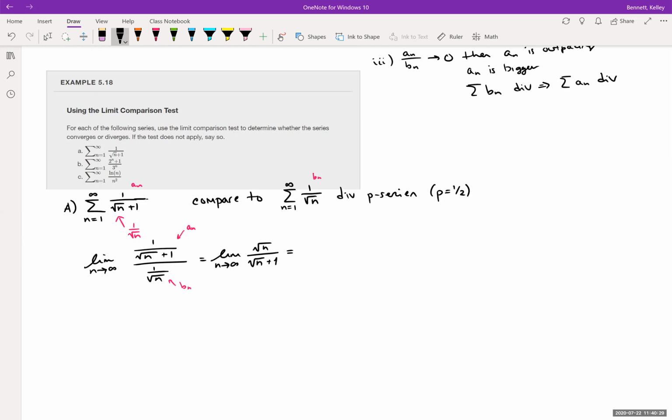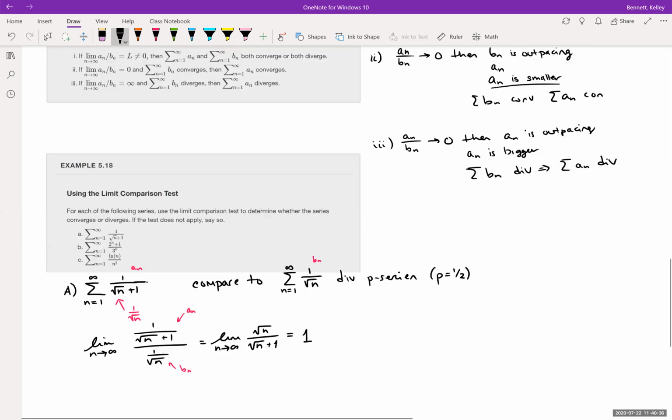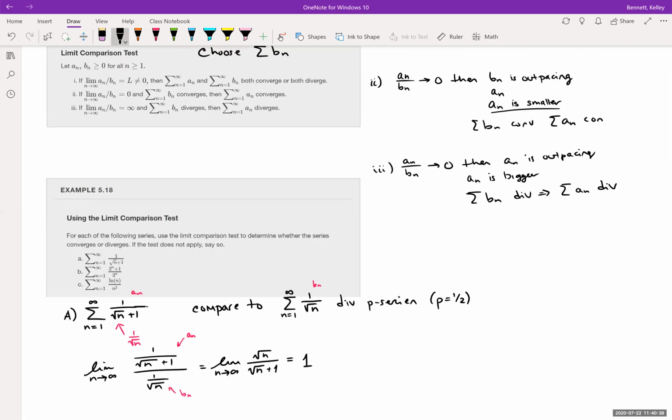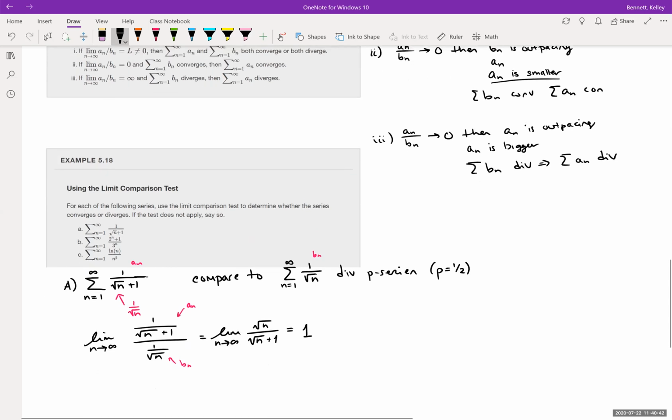You can apply L'Hopital's rule here, but we all know that the limit is 1. So when the limit is a finite number not equal to 0, then both series converge or both series diverge. Since we know that 1 over root n is a divergent p-series, we would conclude that 1 over the square root of n plus 1 also diverges.